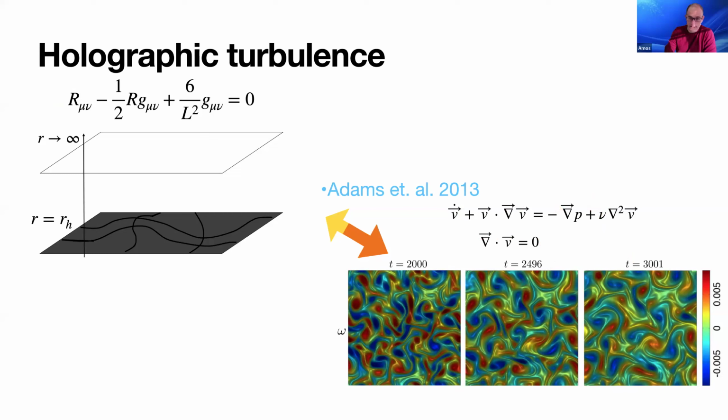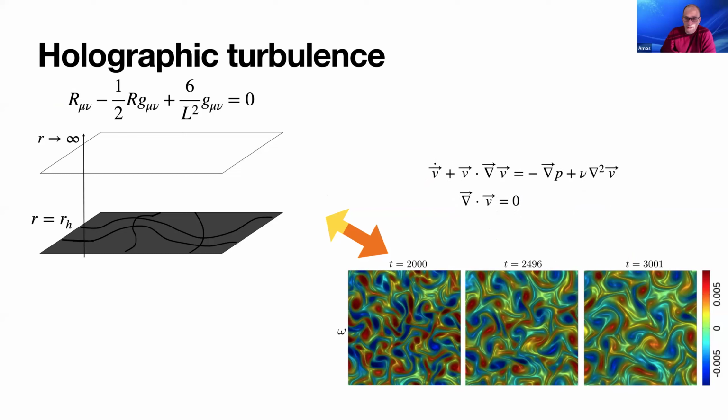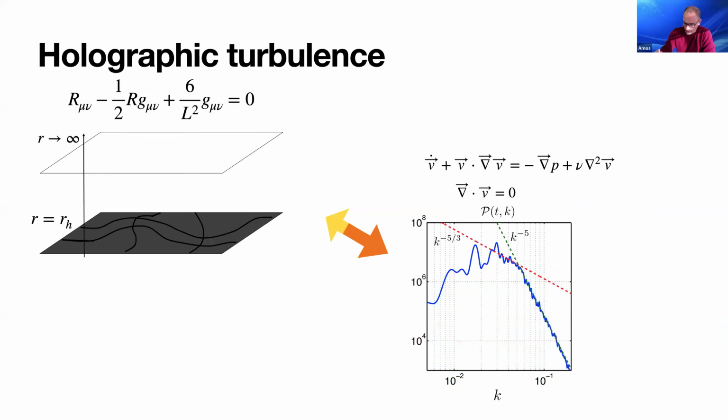These guys computed the energy power spectrum, and this is what they got. You see here something that you might call minus 5/3, and then say maybe there's an inertial range. You might argue with this.